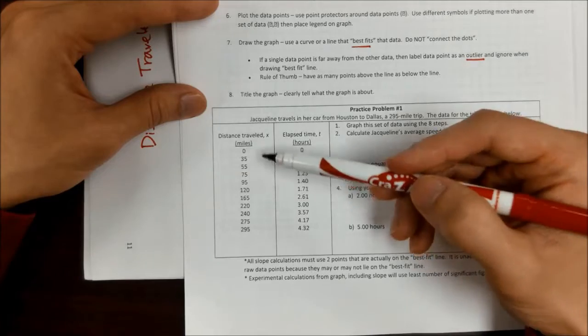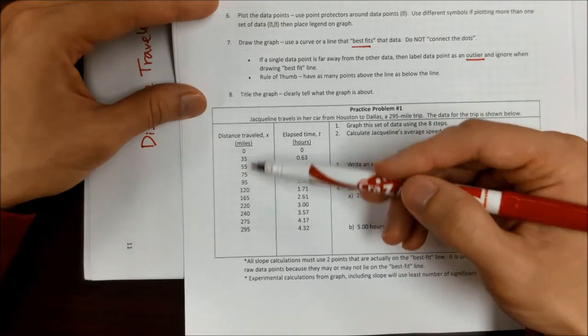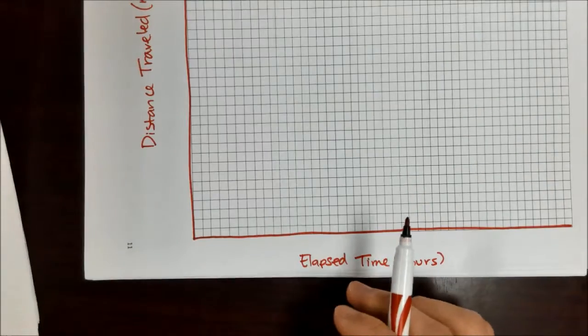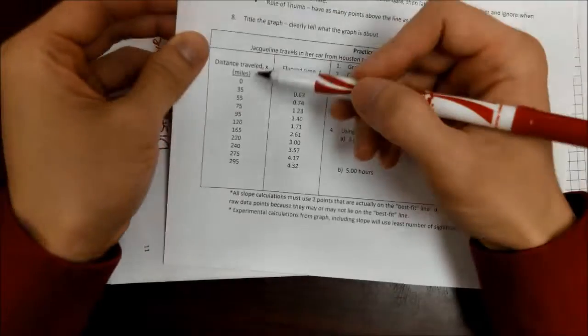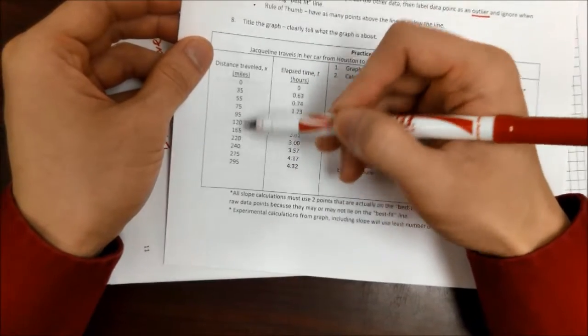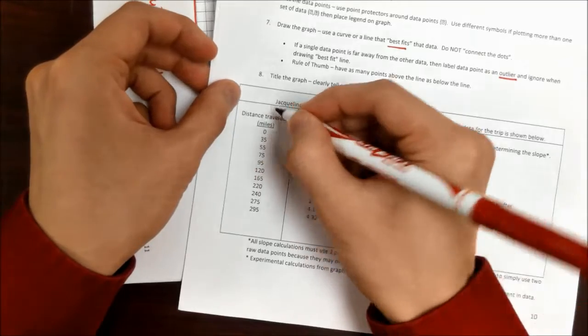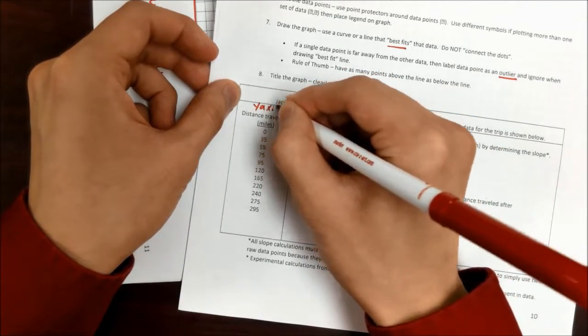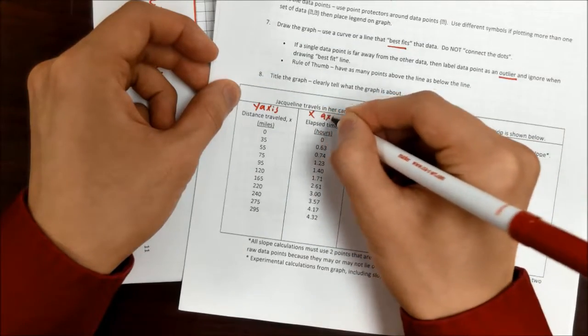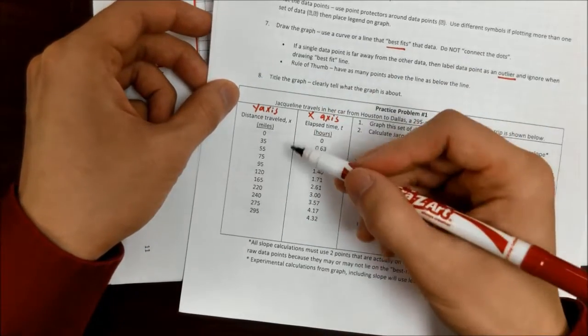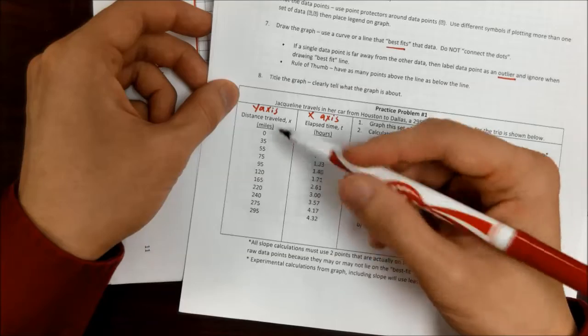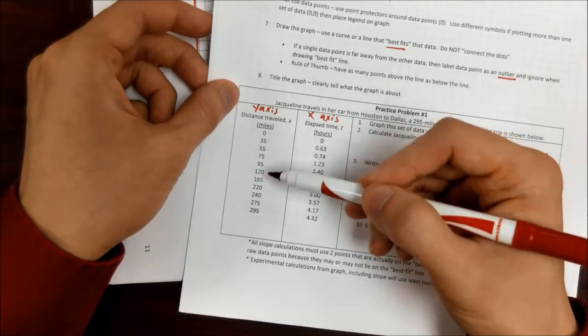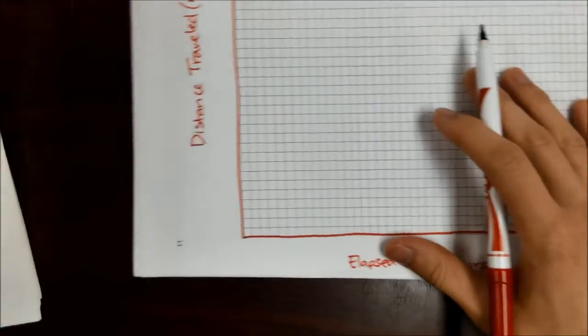So I think counting by 25 would make sense. Now if I put 25, remember this is my y, let me label this. This is going to be my y-axis. So y-axis, this is my x-axis. Okay, so if I go ahead and change this by 20, let's do 25 each time.